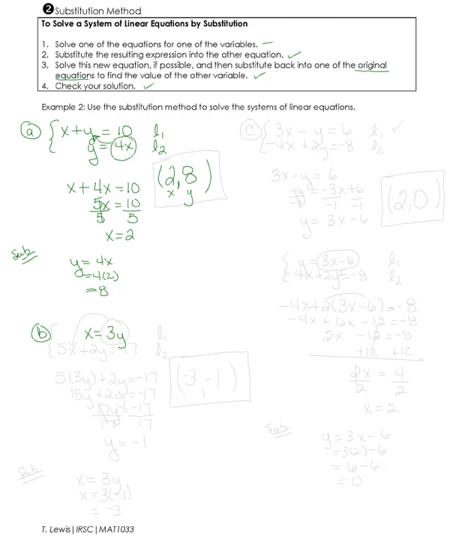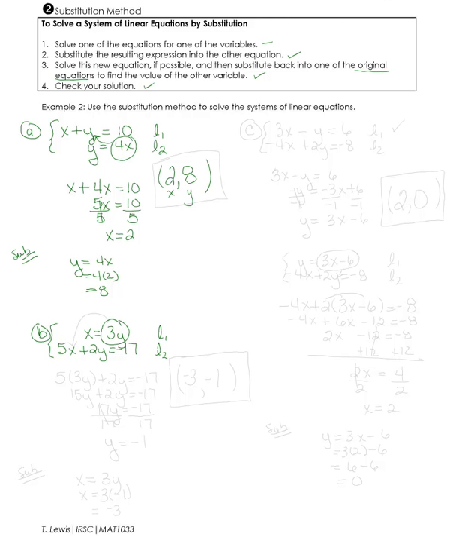Here again, when you're using the substitution method, look to see if you can find an equation where you have a variable by itself. Well, here, the first equation. So what we're going to do is take the expression, what x is equal to, 3y, and we're going to substitute it into the second equation this time, for the variable x.